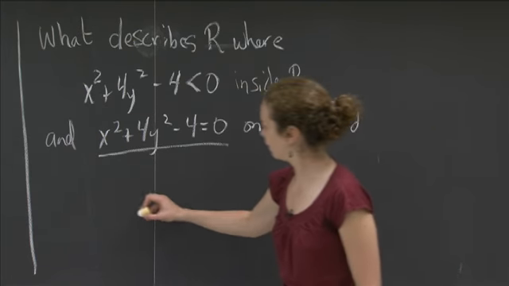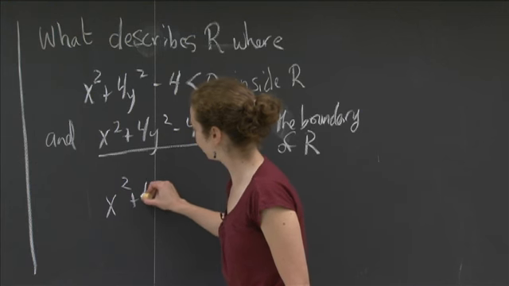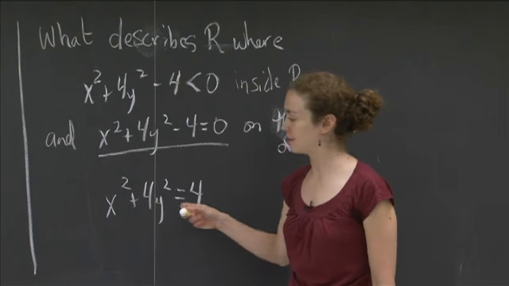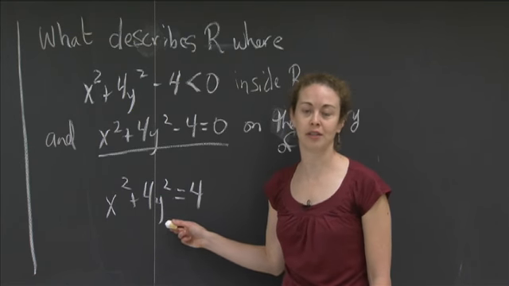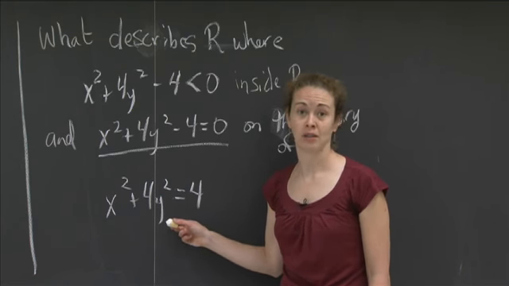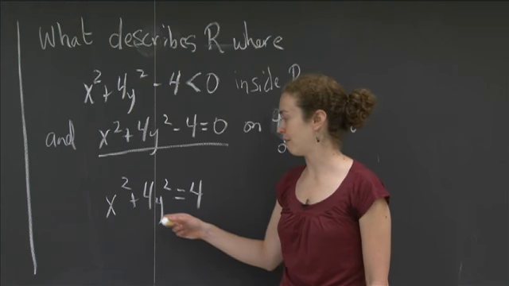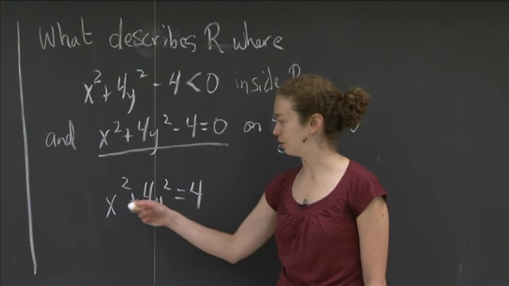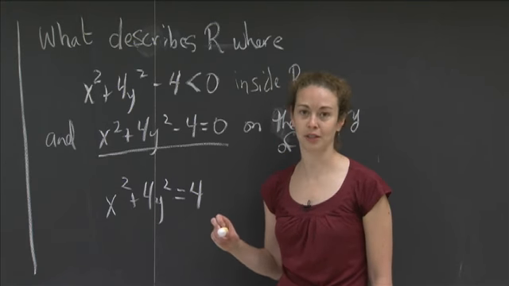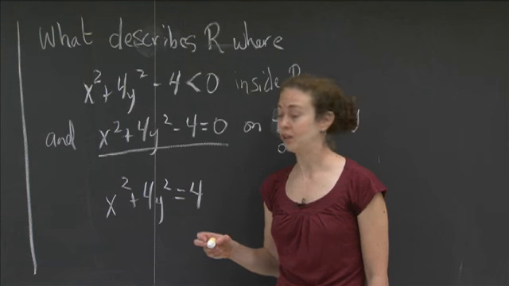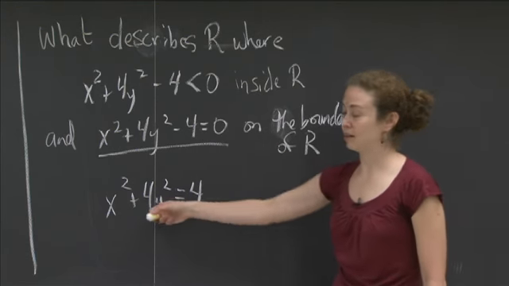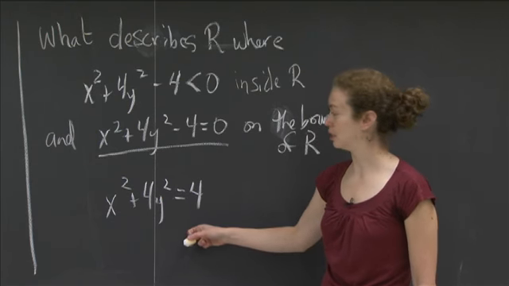If you rewrite this as x squared plus 4y squared equals 4, you see that it is the equation that describes an ellipse. Maybe you see it more often if you divide everything by 4, so that the right-hand side is 1 and your coefficients are fractional. But this is exactly the equation for an ellipse. So the boundary of the region is an ellipse described by this equation.